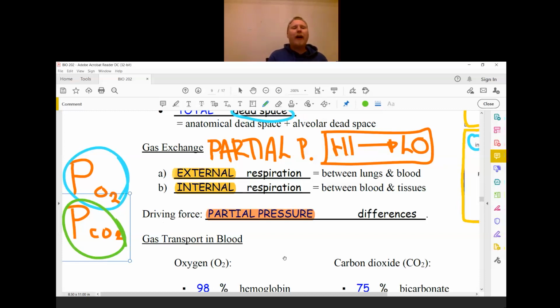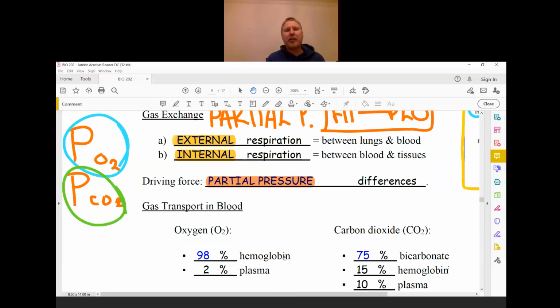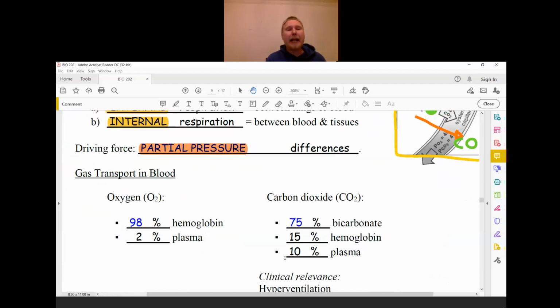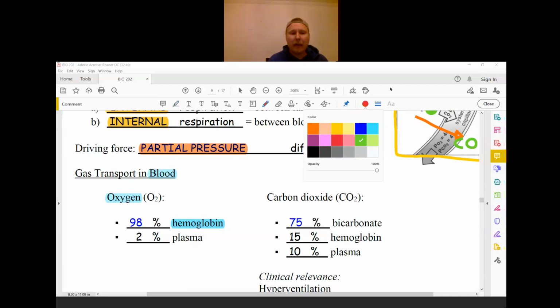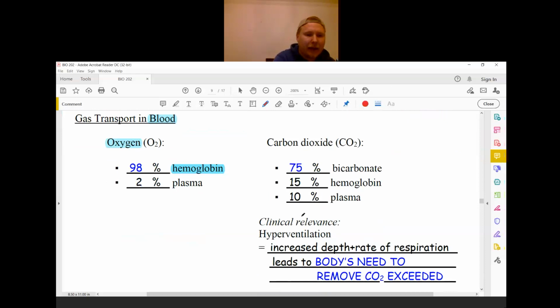Okay, let's have a look at how these gases, oxygen and carbon dioxide, are transported within the blood. That's going to be something interesting to consider. Well, oxygen is mainly transported bound to hemoglobin. About 98% of oxygen binds to the hemoglobin. You remember the 4 heme groups in a single red blood cell, right?